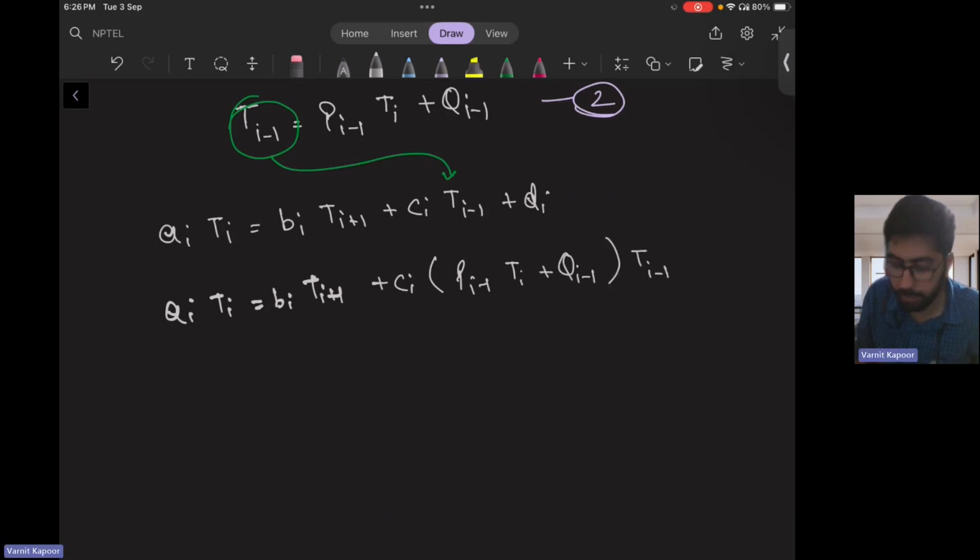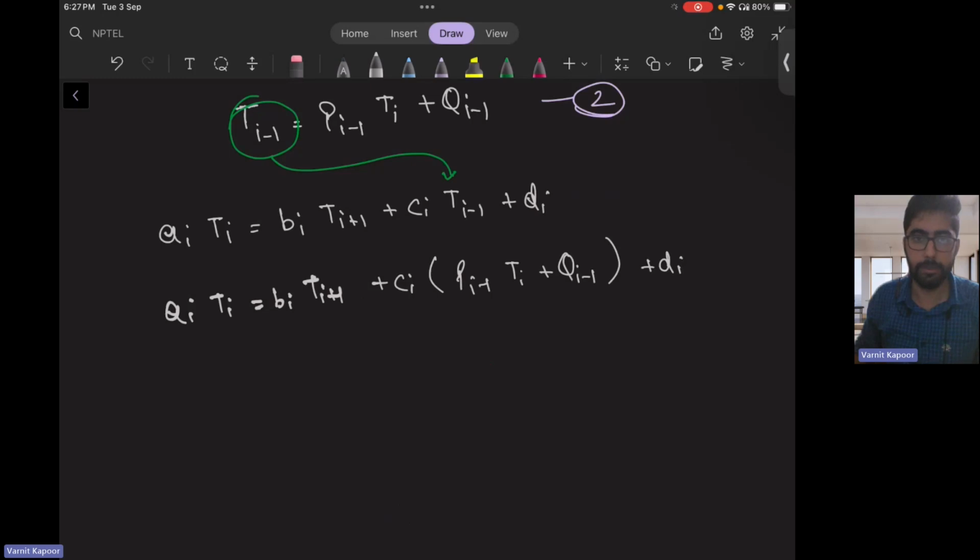Sorry, that is only what we have substituted. Now let us expand this. When we expand this, we will take out the coefficients of Ti on the left hand side, Ti plus 1 on the right hand side, and the remaining also on the right hand side.